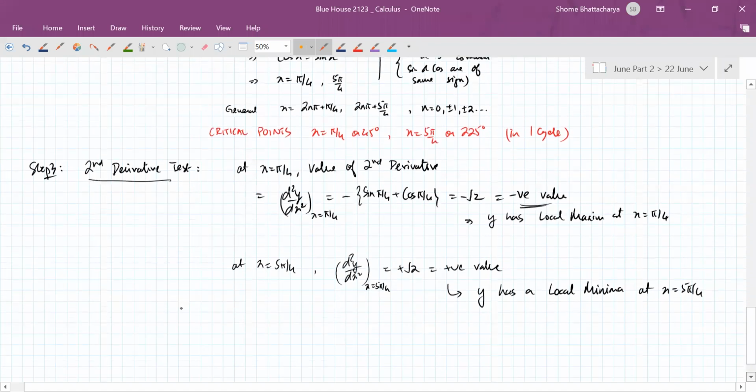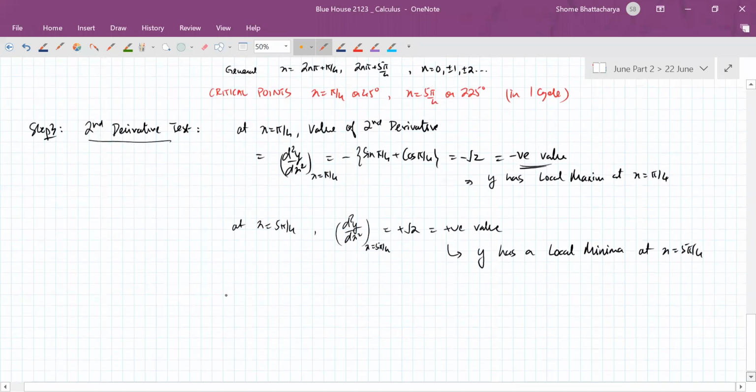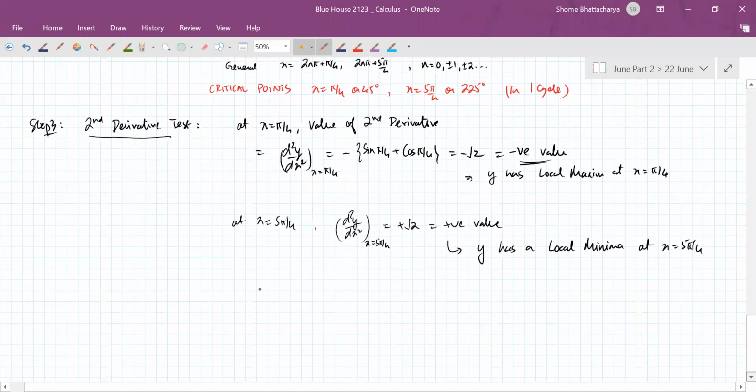So our function y is equal to f of x is sine x plus cos x. Now this has a local maxima at which point? At x equal to pi by 4. Okay. So what is that local maxima's value?